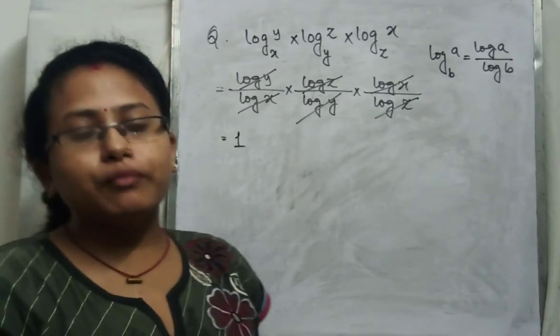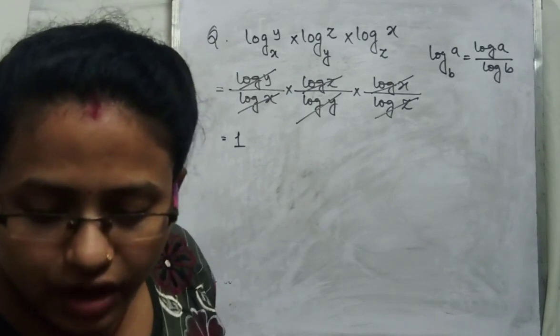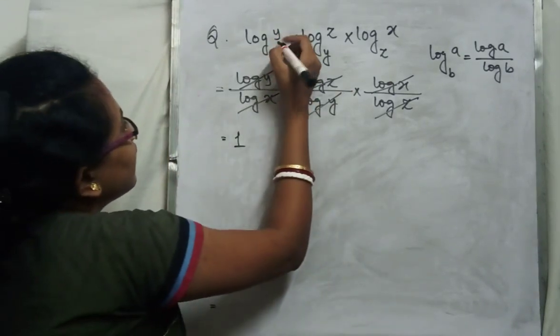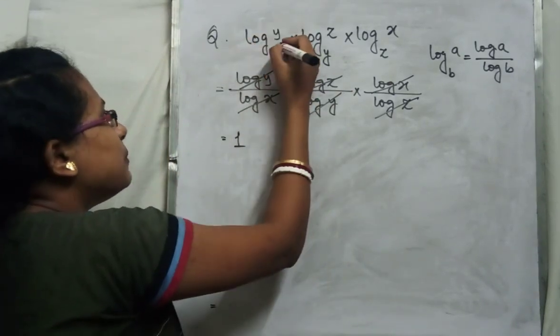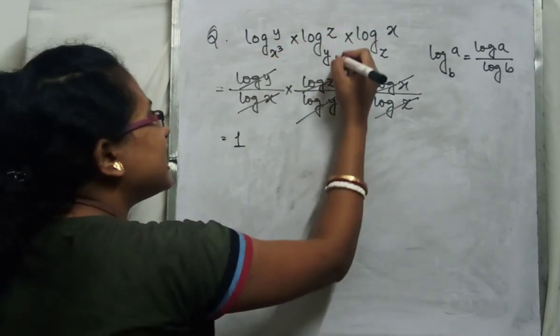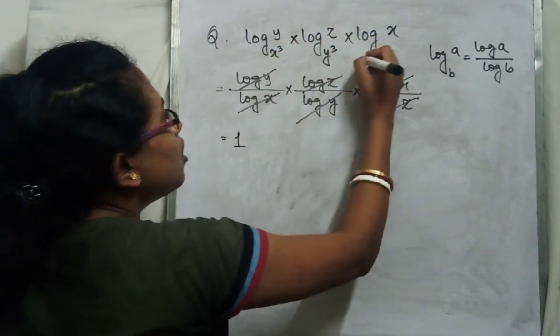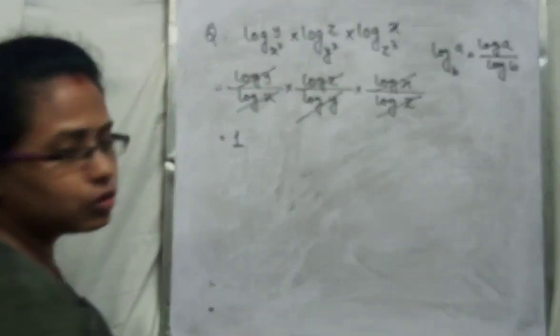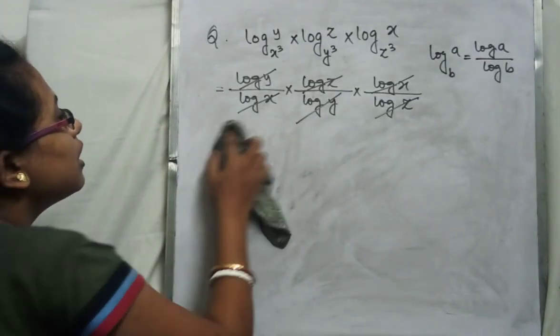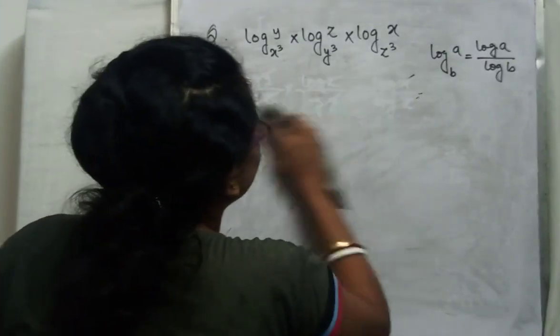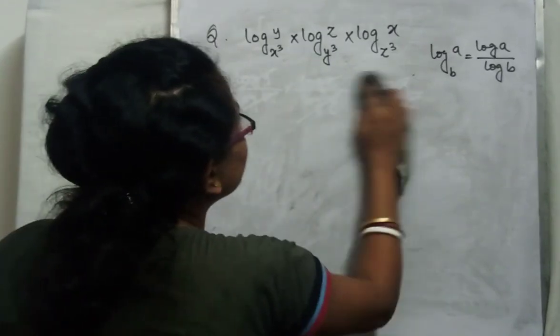This kind of math you can get this way also: log y base x cube, log z base y cube, log x base z cube. So then what will you do?